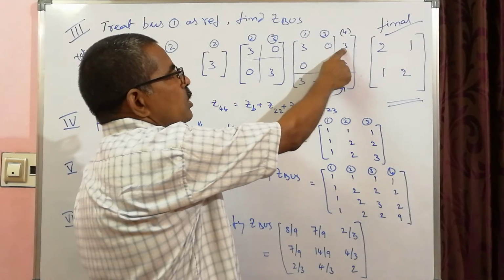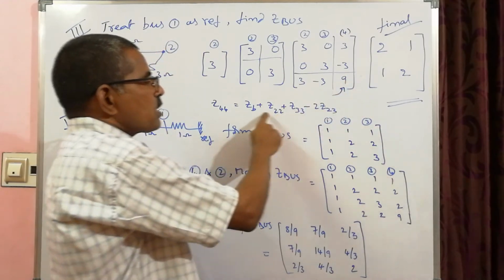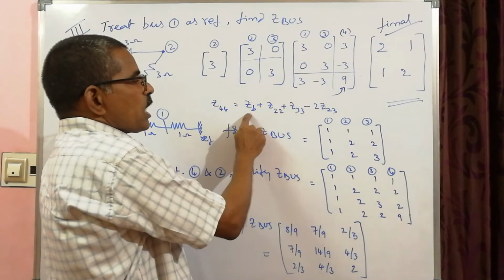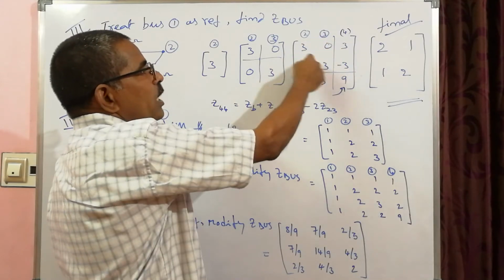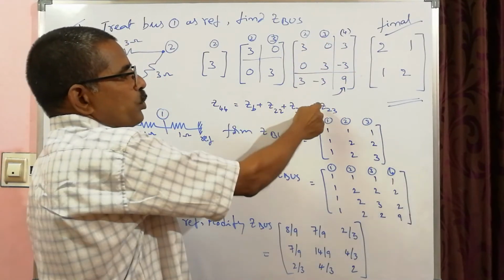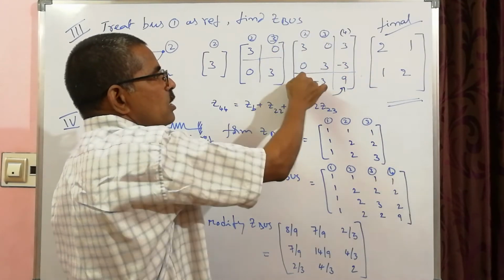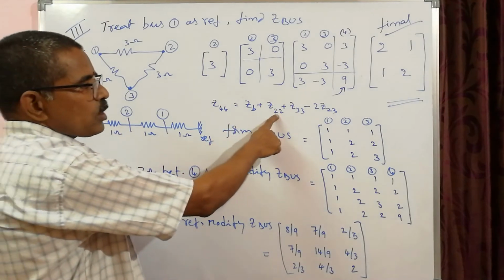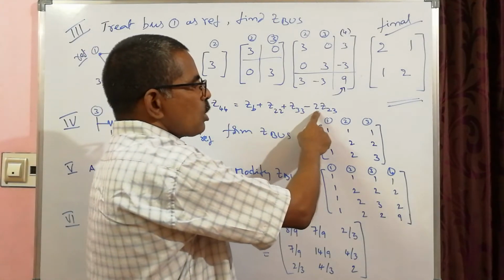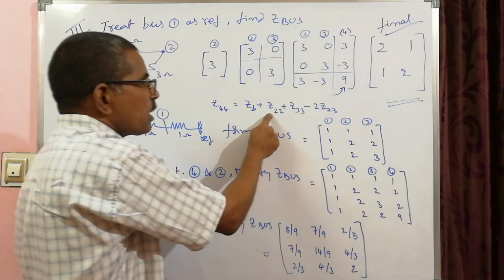Okay, 3 minus 0, that is 3, 0 minus 3, that is minus 3, and this is ZB plus Z22 plus Z33 minus 2Z23. So I am referring to this in terms of 2 and 3 because this is second and third. Okay. So ZB plus Z22 plus Z33 minus 2Z23. Z22 means corresponding to this I am writing.